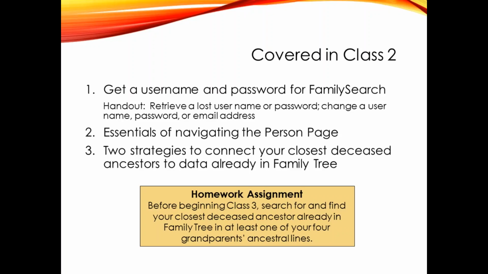I'd like to challenge you to search for and find your closest deceased ancestor already in Family Tree in at least one of your 4 grandparents' ancestral lines. If you're someone who's been a member of a family that's done a lot of family history research and captured that research in FamilySearch, you may find that it's quite easy for you to do that.